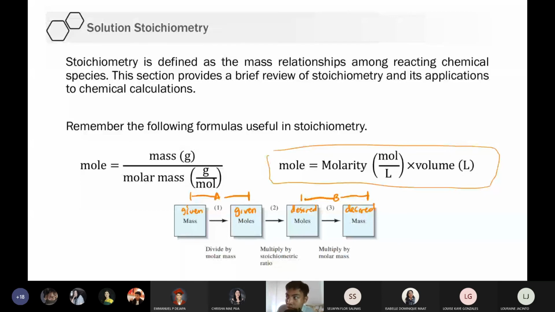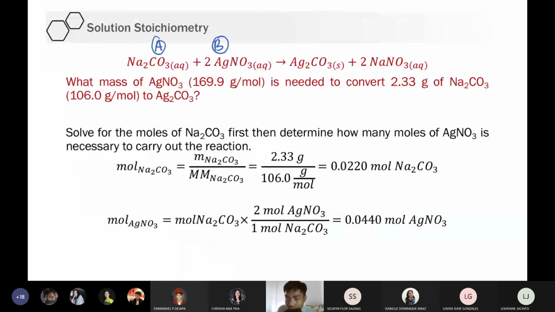So you start with this given substance. This is the mole of sodium carbonate. And then you will convert that into the moles of your silver nitrate. Okay? Just look at the equation. How many moles of sodium carbonate ang equivalent sa silver nitrate? 1 to 2 ang ratio nila. Isa for sodium carbonate, dalawa for silver nitrate.